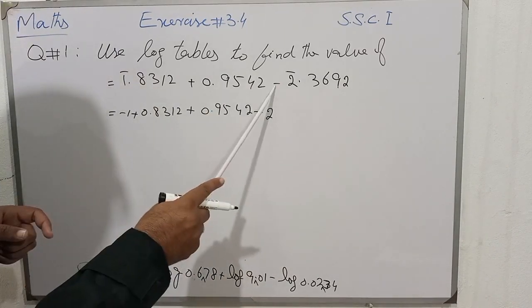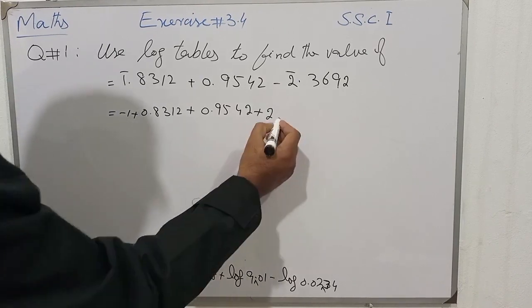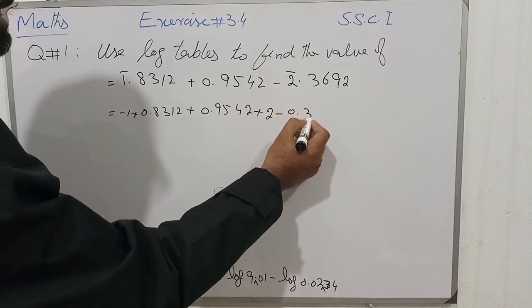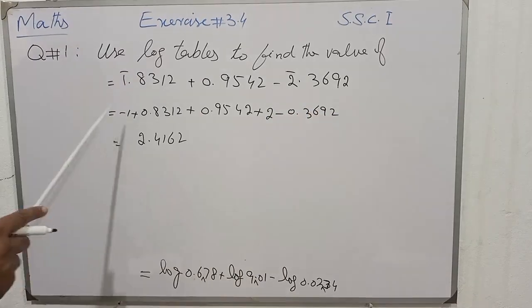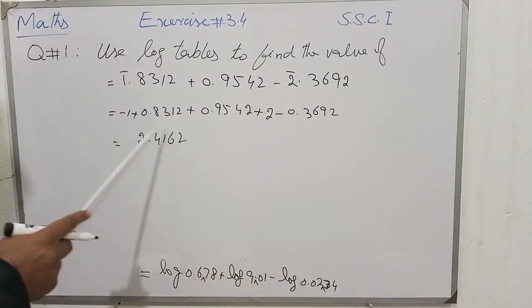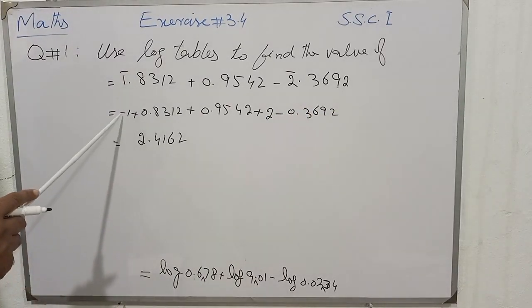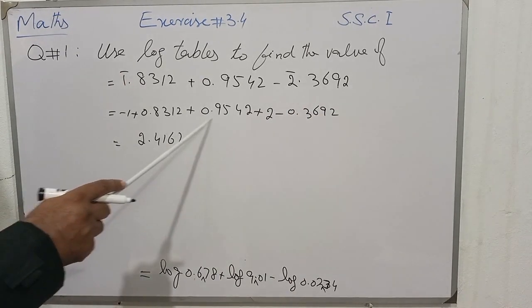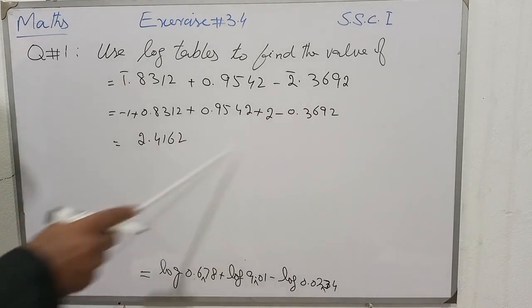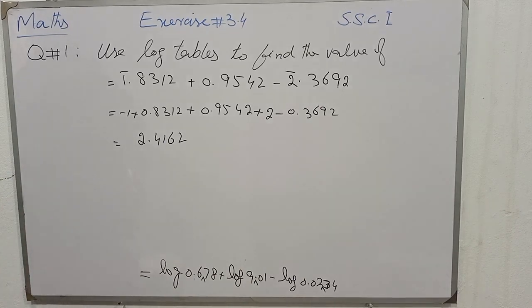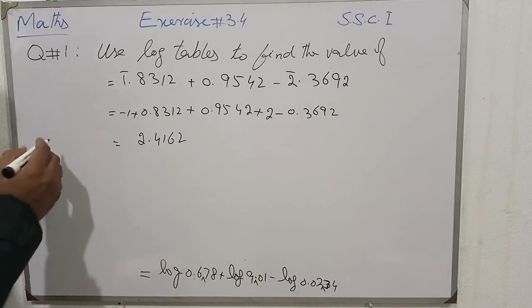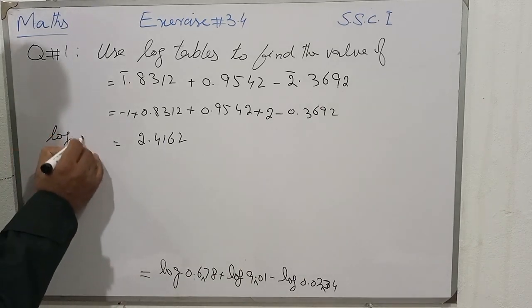And when this minus multiplies with mantissa, it will become minus 0.3692. Students, use your calculator to find the sum, and when you use your calculator, you have to write -1 plus this number plus and then minus, and you will have 2.4162, and that is equal to log x.